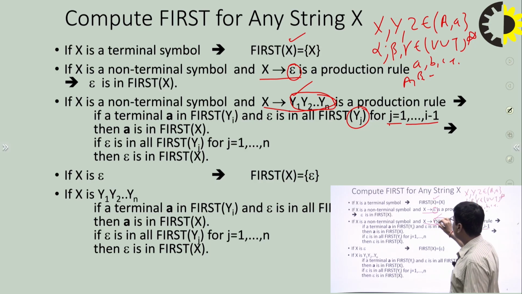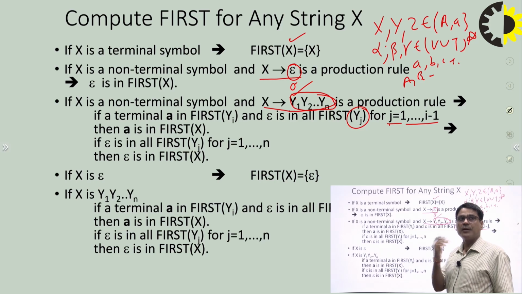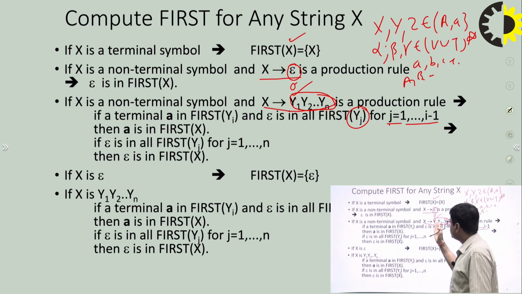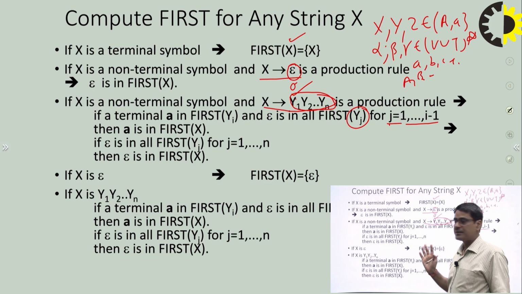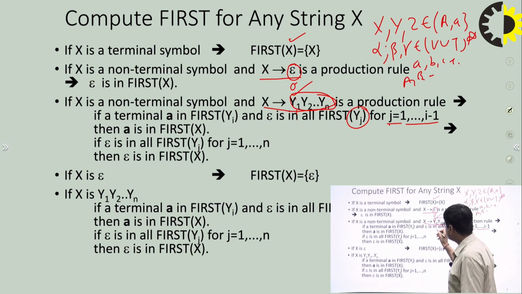Simply, if Y1 derives some particular terminal, then that terminal must be added to the first of X. But if this Y1 derives epsilon, then you will check the terminals of capital Y2, the next non-terminal, because when epsilon is there, you write Y2, Y3 up to Yn.